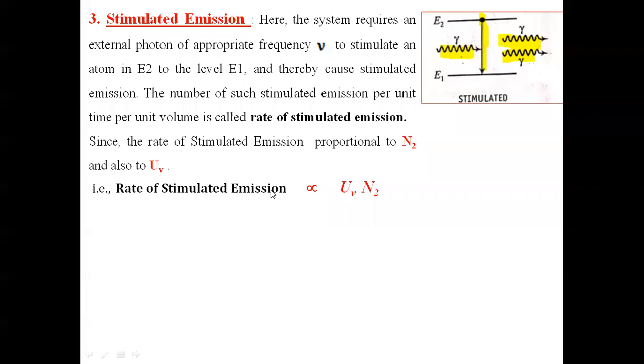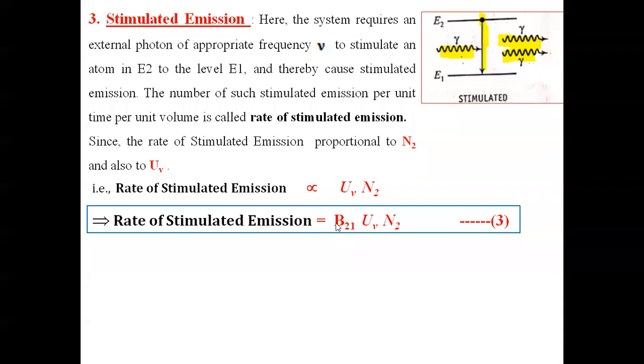Again, this is directly proportional to the number of atoms in the excited state and the energy density which is incident. It is again obvious. If I am not supplying any energy, there will be no stimulated emission. Therefore, U nu should be there. And similarly, if there are no atoms in the excited state, there will be no stimulated emission.